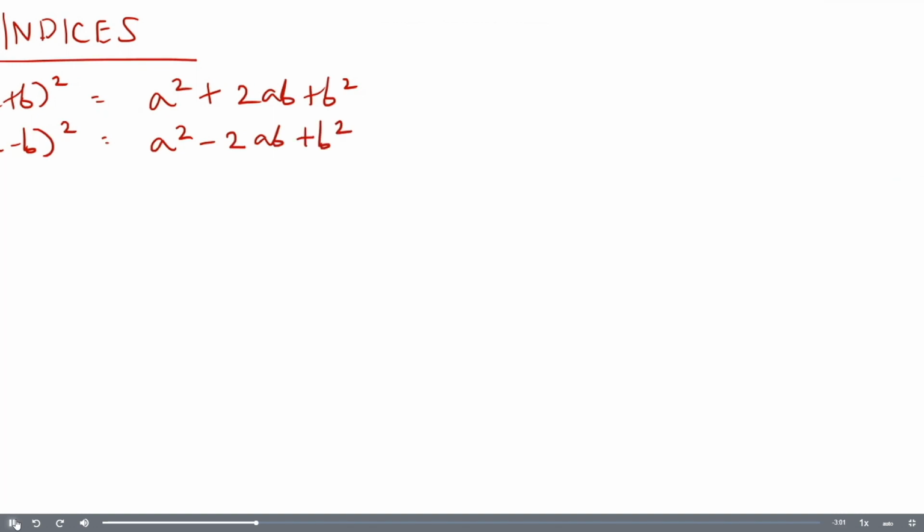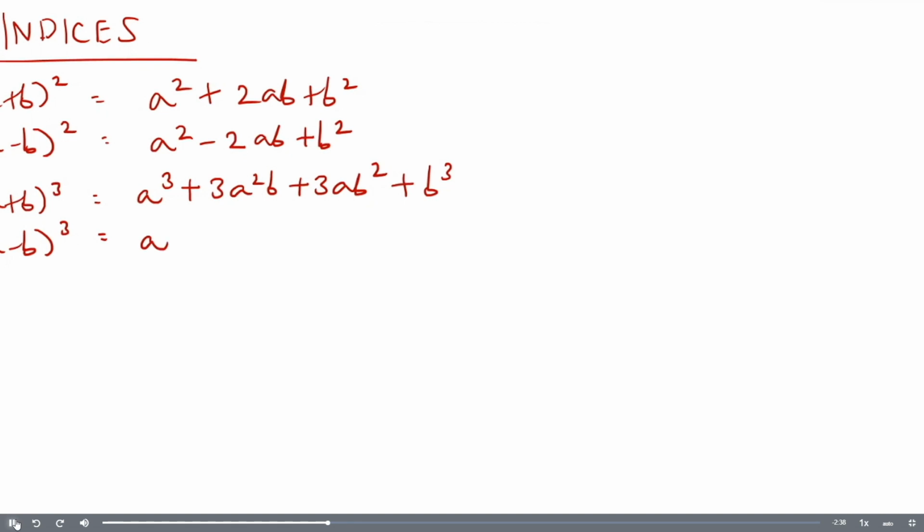Next, (a plus b) the whole cube is equal to a cube plus 3a square b plus 3ab square plus b cube. (a minus b) whole cube is equal to a cube minus 3a square b plus 3ab square minus b cube. Make a note of the minus here. It is in these two places.